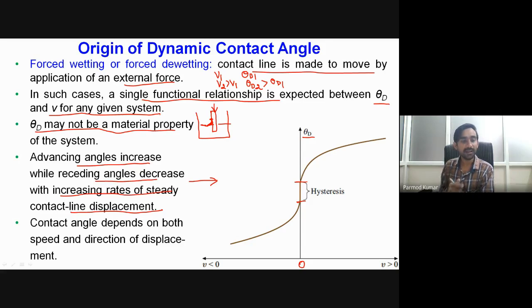From this curve we can see that the contact angle depends on both the speed and direction of the displacement, so ultimately it depends on the contact line velocity. In general, the dynamic contact angle is a strong function of the contact line velocity in situations of forced wetting.